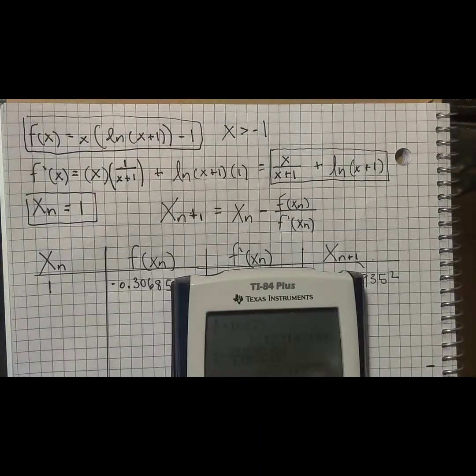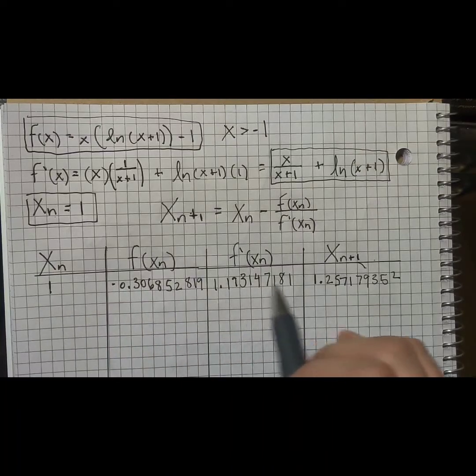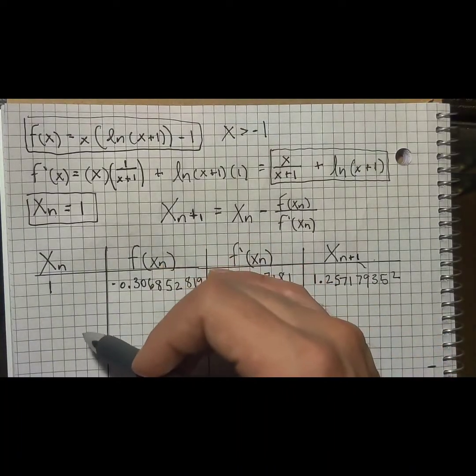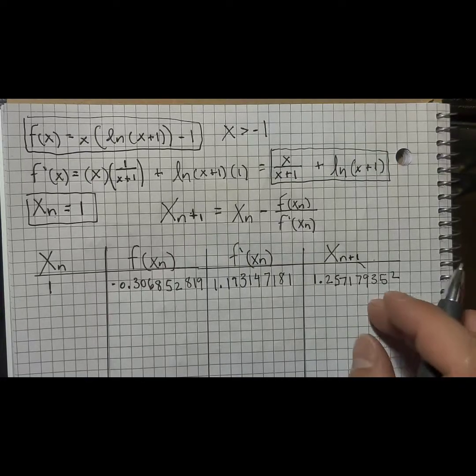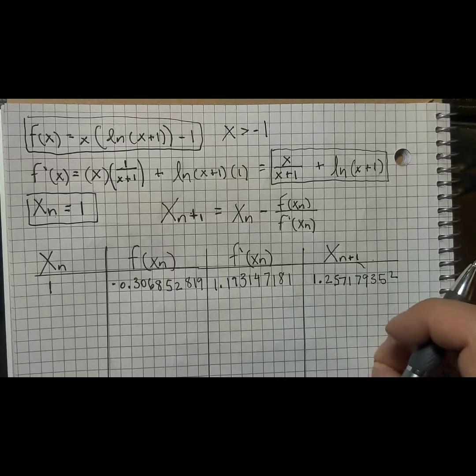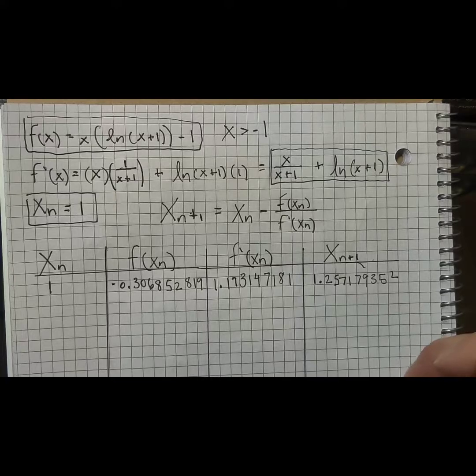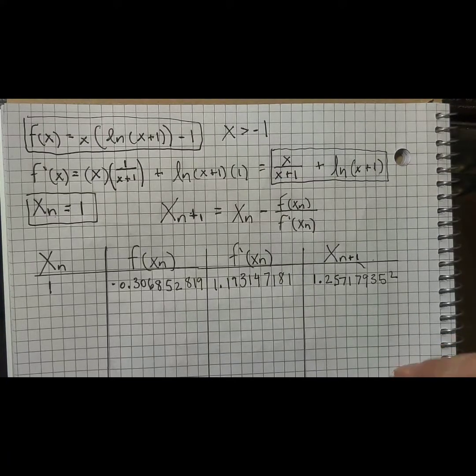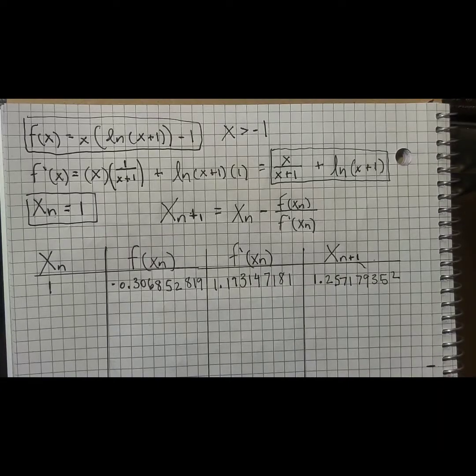What I'm going to do is fast forward the video here and run through this iteration a few times, and we're going to try and get this number to be exactly the same up to let's say 6 or 7 decimal places. At that point we can basically stop, because if we continue further through the process, we're just going to keep getting closer and closer approximations. But I'll be satisfied with 6 or 7 decimal places.